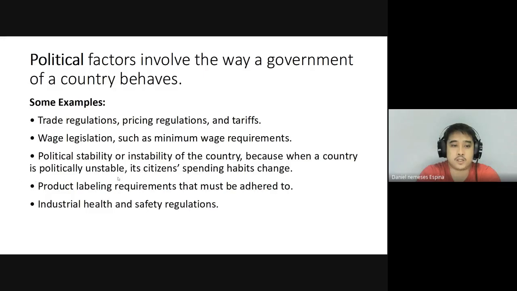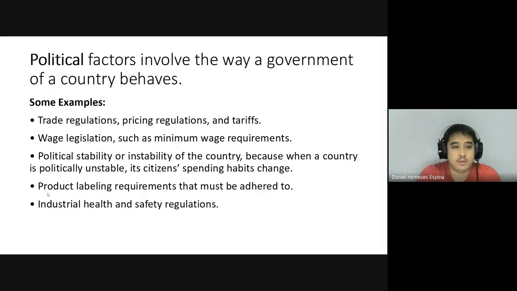The civilians are protesting. So as a sign of protest, a lot of businesses closed their operations. So citizens have fewer options where to buy. So the stability or instability of the country will have an effect on the business climate.